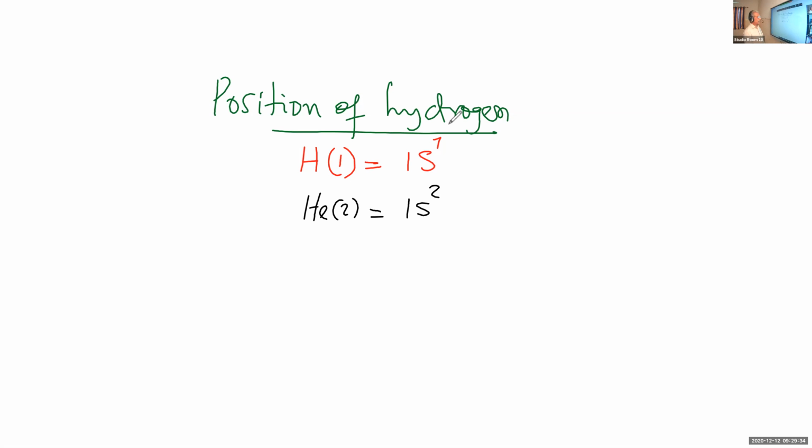So when hydrogen combines with the other elements, it has a tendency to get the electronic configuration of the nearest noble gas, helium, 1s2. That means 2 electrons in the valence shell, in the outermost shell.